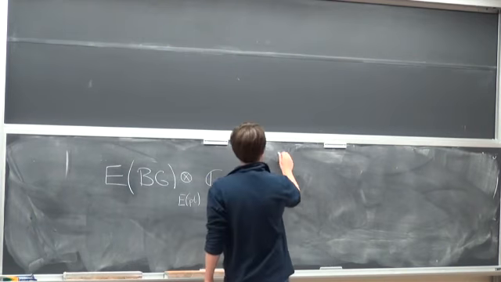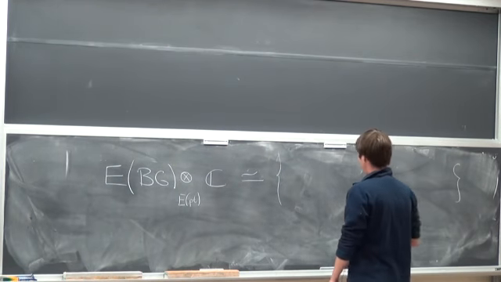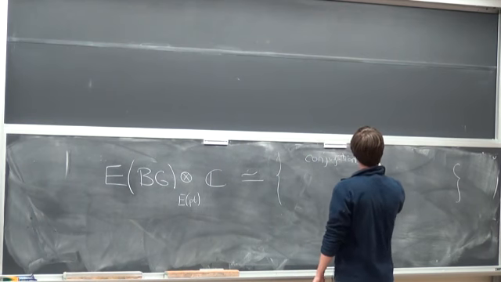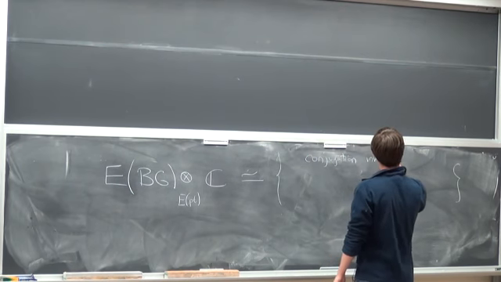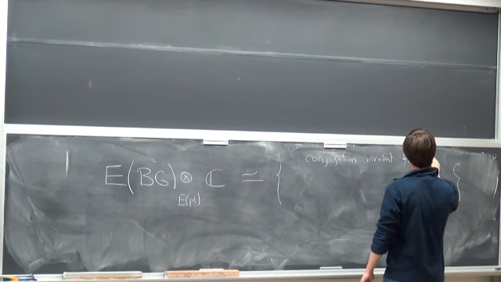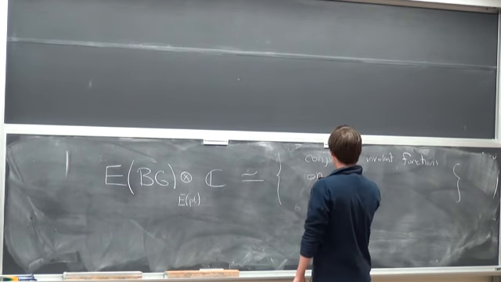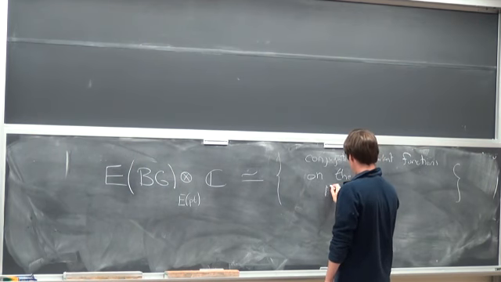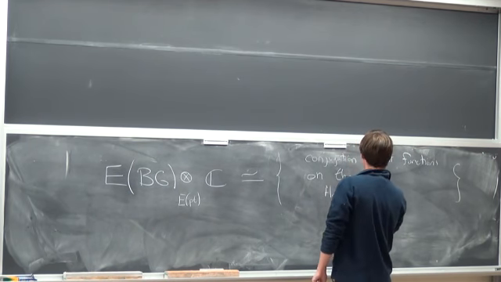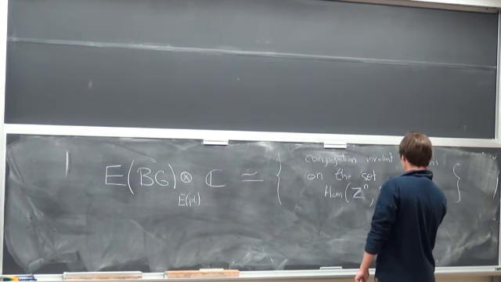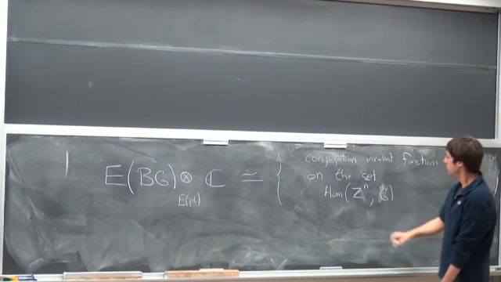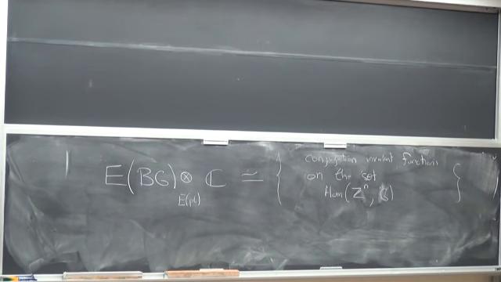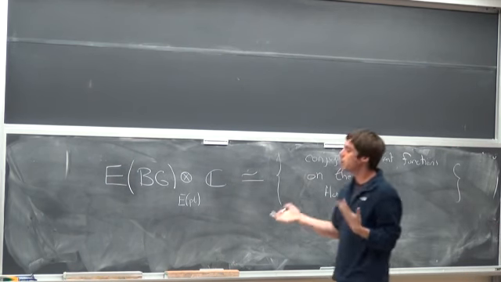So this is conjugation-invariant functions on the set of, well, let me write it as homs from Z to the n into G. Here you take a hom from Z to the n into G. That's just given by specifying n elements of G which all commute with each other.